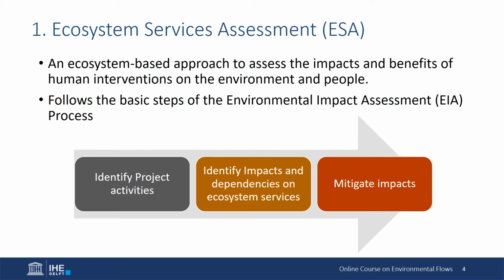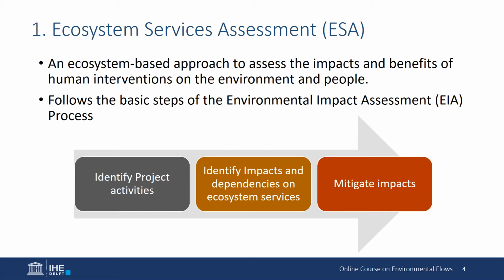An ecosystem services assessment is an ecosystem-based approach to environmental and social impact assessment to determine the impacts and benefits that human interventions can have on the environment and the services that people rely on. It follows the basic steps of the Environmental Impact Assessment Process, or EIA.